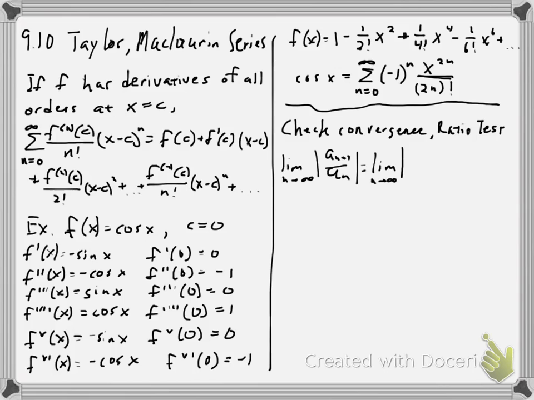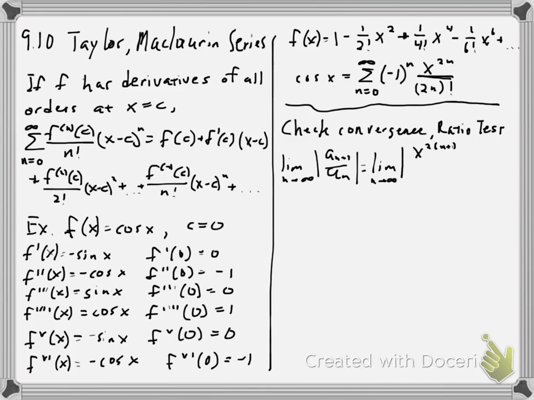Well, if we take the absolute value, the minus 1 to the n's will go away, and so it's a sub n plus 1, which is x to the 2 times n plus 1. We have to be careful.